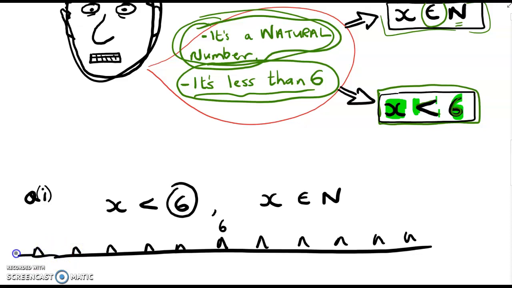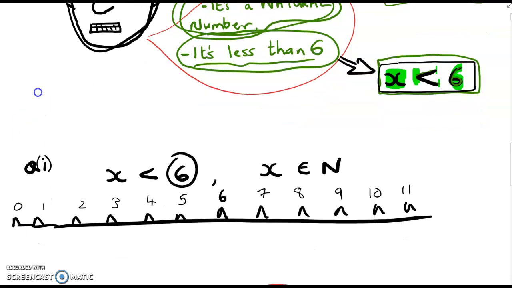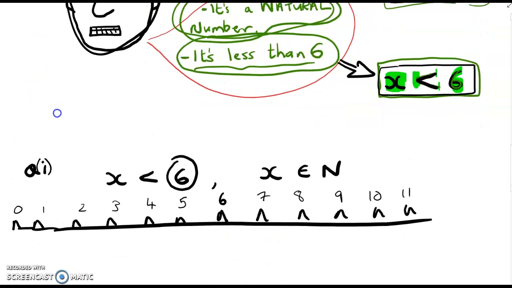It's always nice to try and get into the minus numbers. So if I build up from 6, we're talking about 7, 8, 9, 10, 11. I'm building down 5, 4, 3, 2, 1, 0. Okay, I'll stop there. No need to make your number line massive.